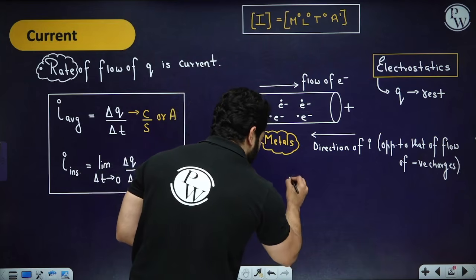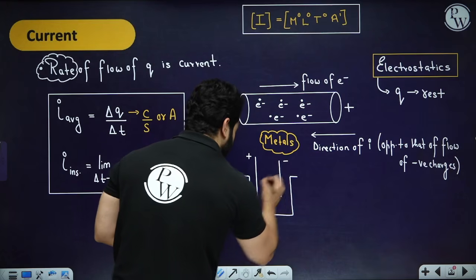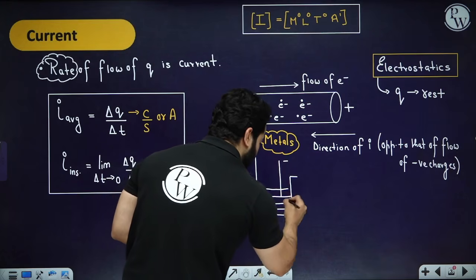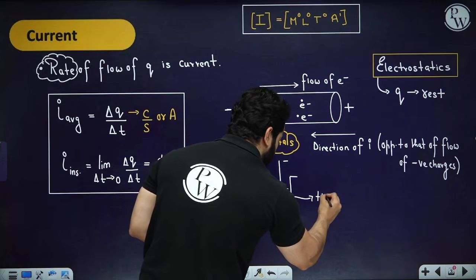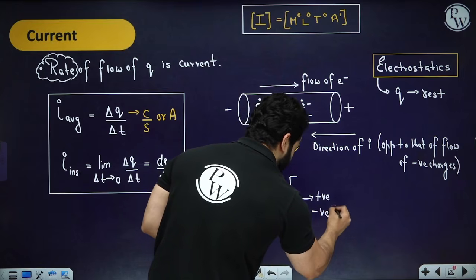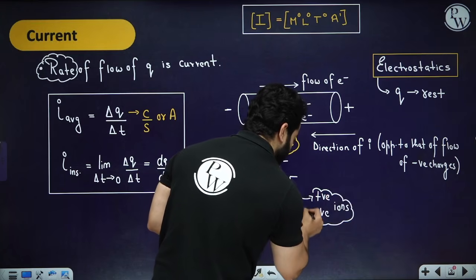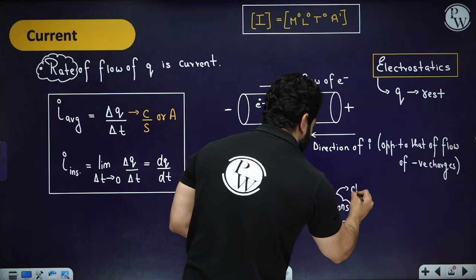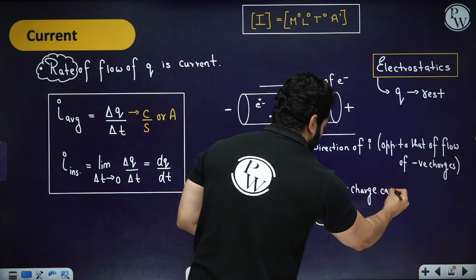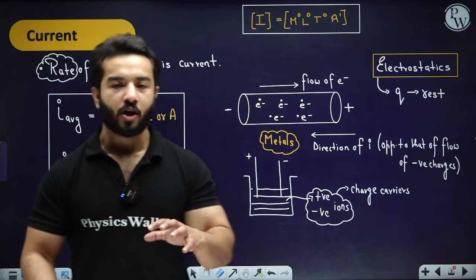Now, if someone is talking about an electrolytic cell, right? Let's suppose you have a positive electrode, a negative electrode, and an electrolytic solution over here. Then we have both positive and negative ions, and these are going to be your charge carriers in the case of an electrolyte. So if someone asks you what the charge carriers are, it's not always electrons.